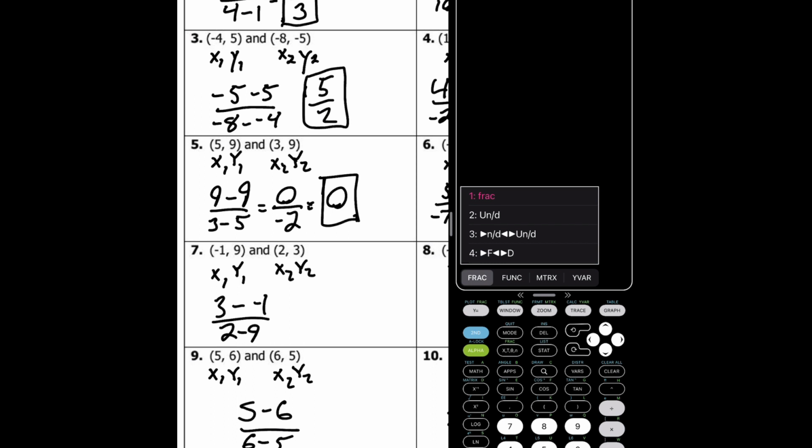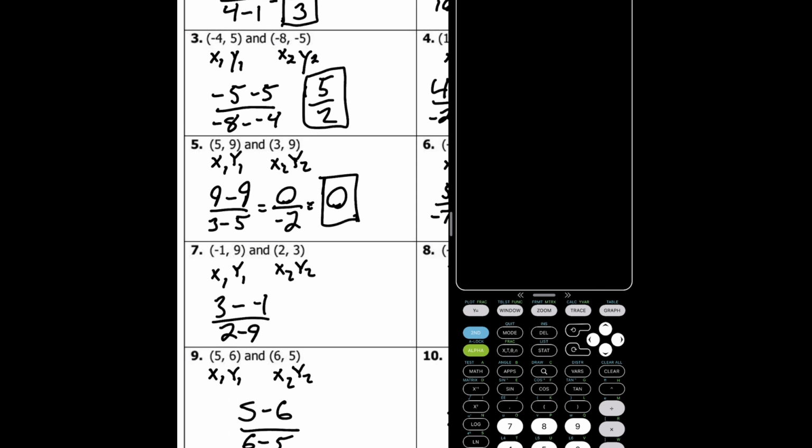Alpha y equals, enter, 5 minus 6, 6 minus 5, I get a negative 1.